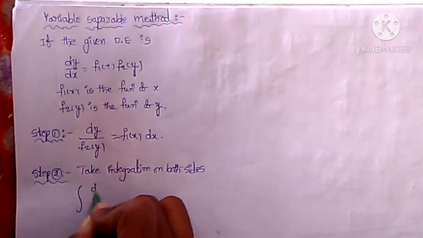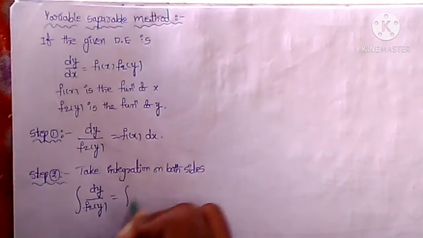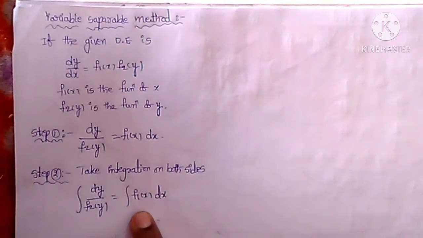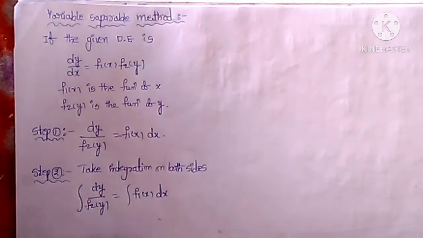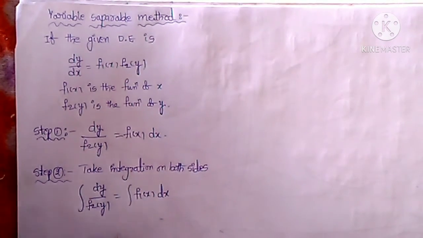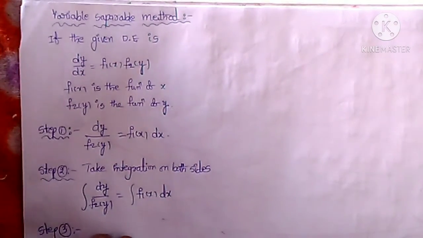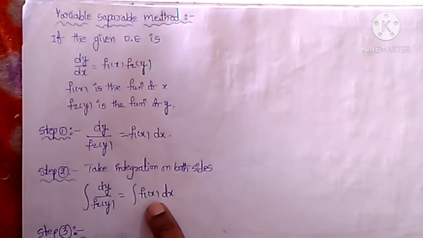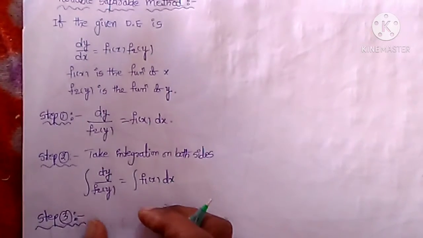If you take integration on both sides, then you get this result. By using the integrating formulas, you get some result. At the final result, you have to add plus c in the third step. Step 3. After integrating these two values, you get some final result.